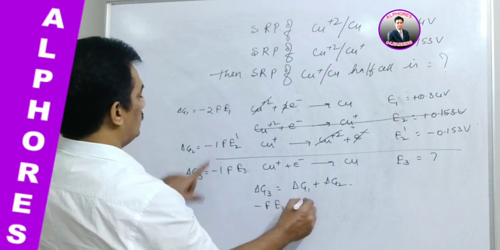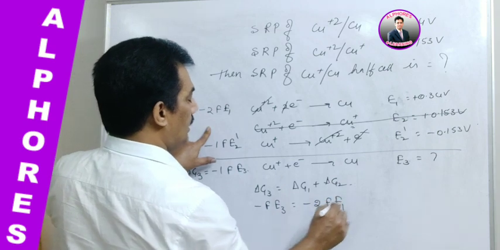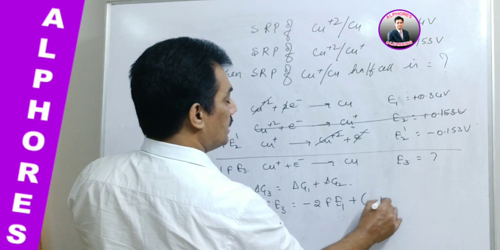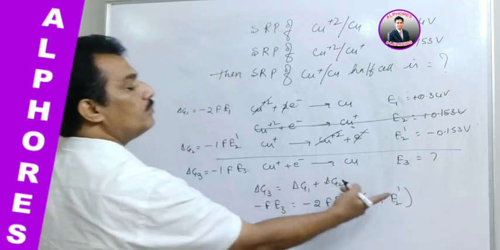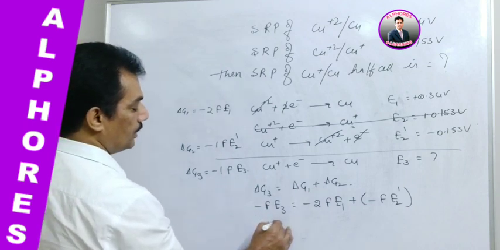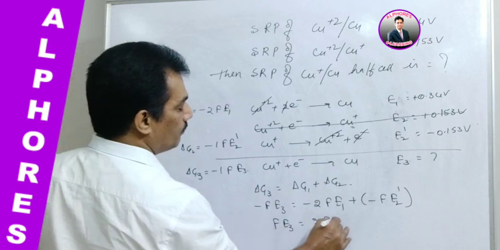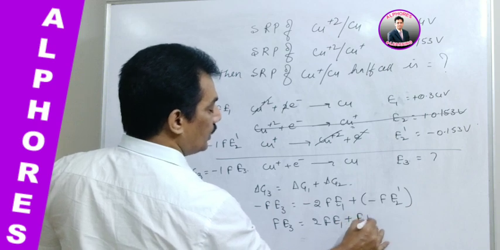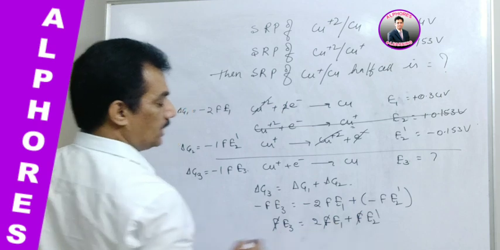So -FE3 is equal to -2FE1 plus (-FE2 bar), and multiplying both sides by minus, it gives FE3 equals 2FE1 plus FE2 bar, and this F is cancelled because it is a common factor.